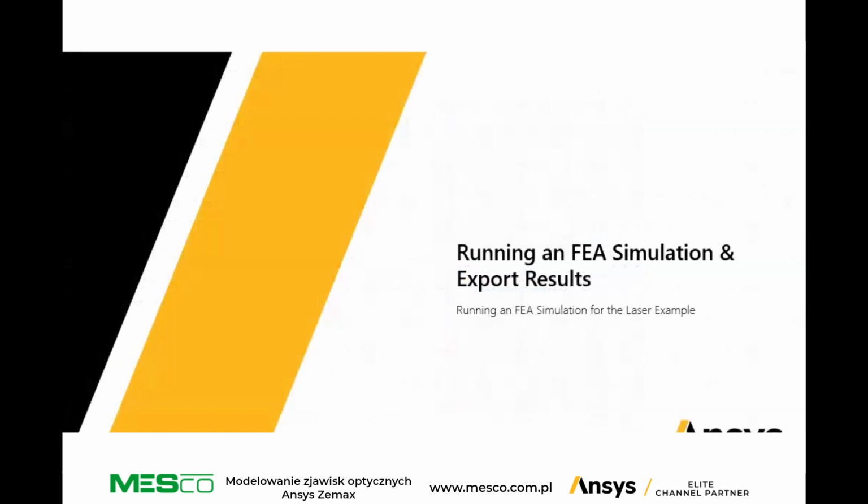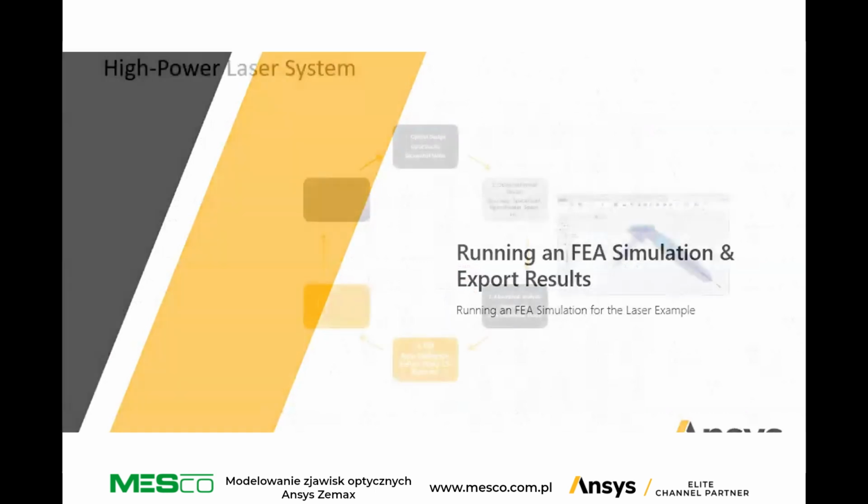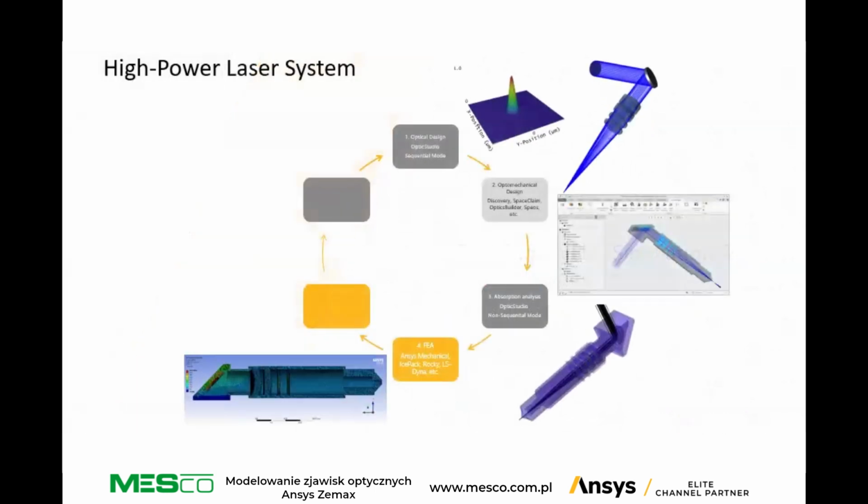So once you have this data, what you will do is run your FEA simulation in your software and export the results. So we will be in steps 4 and 5, depending on if you are doing a mechanical simulation or also the Fluent one.